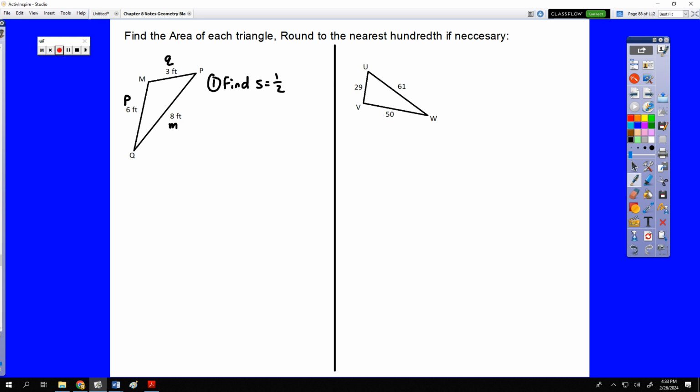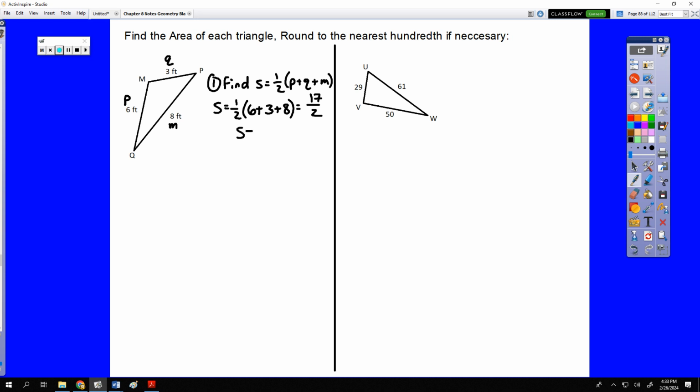That would be 1/2 of P plus Q plus M. So the semi-perimeter would be 1/2 of 6 plus 3 plus 8, or 17/2. That's a fun number. You could also go ahead and use the decimal 8.5.